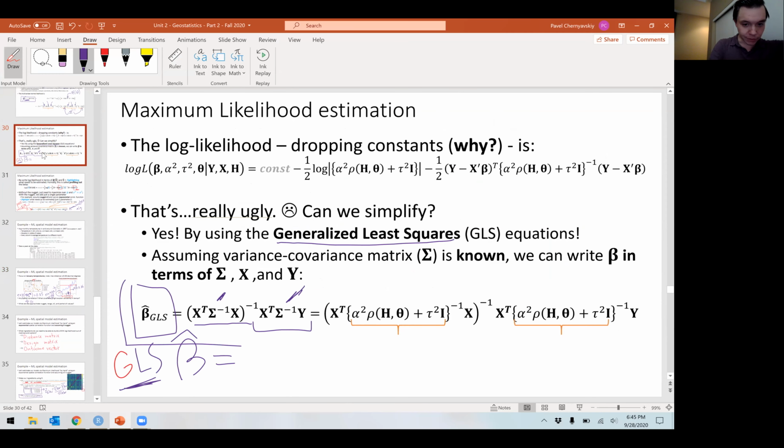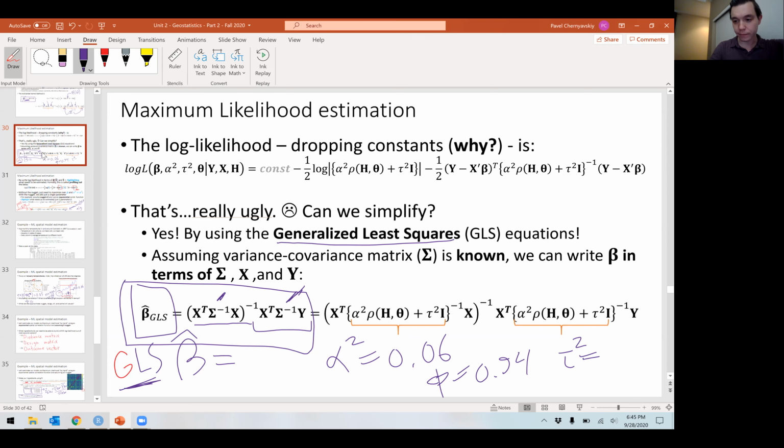I now am going to apply the GLS equation. I've just computed alpha squared equals 0.06. I computed phi to be 0.94, and I'm assuming that tau squared is equal to 0.